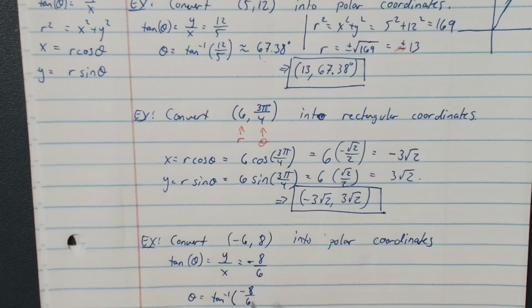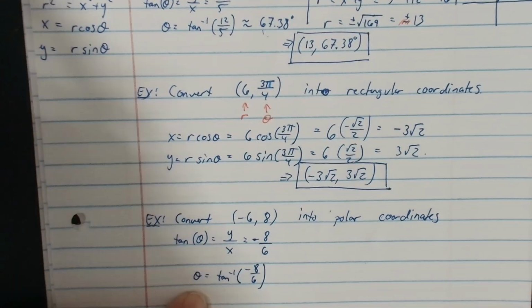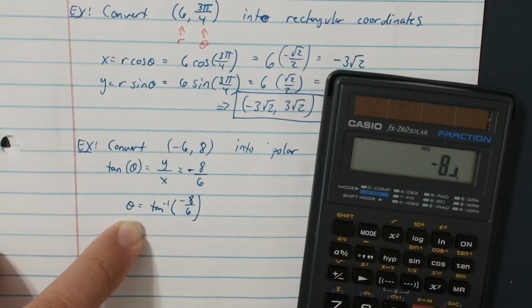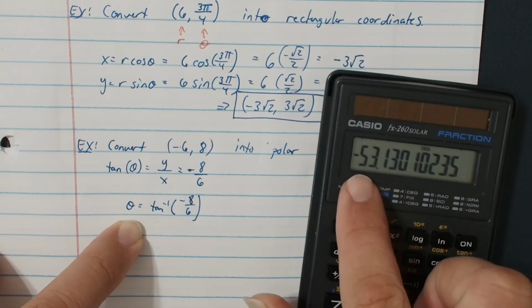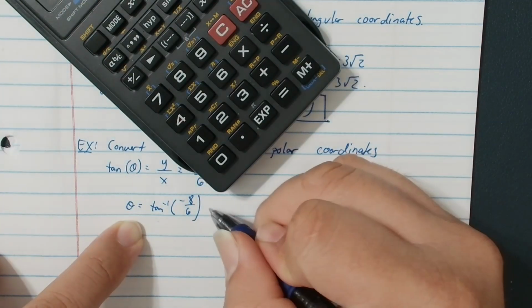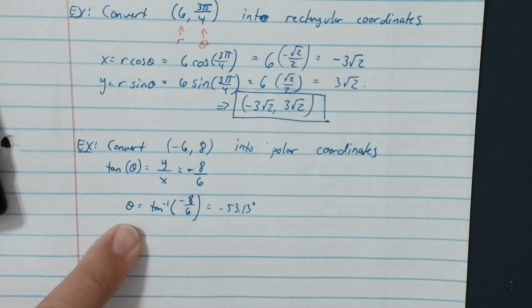If you want to reduce that to negative 4 over 3, that's good, but we're going to punch this into a calculator anyway. So here we're going to take the negative 8/6, and I'm going to take the inverse tangent. And notice that I get negative 53.13 degrees.